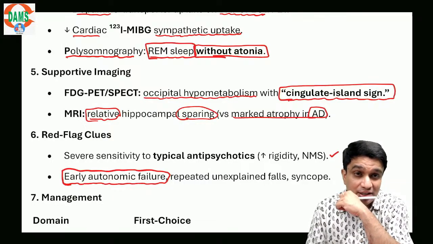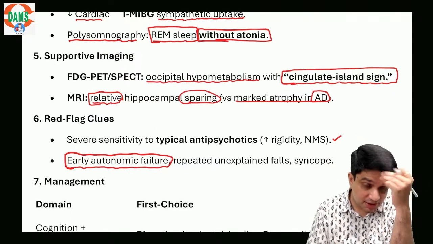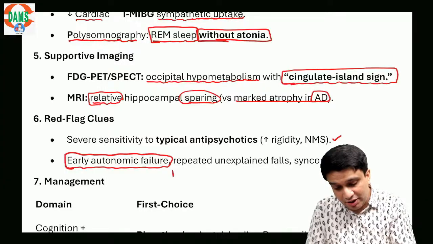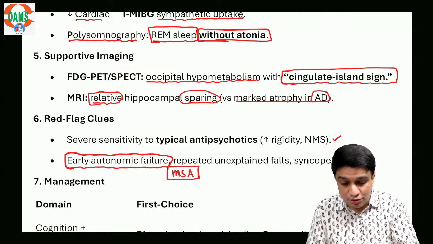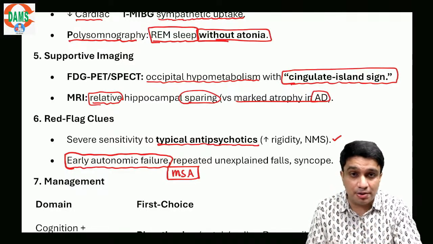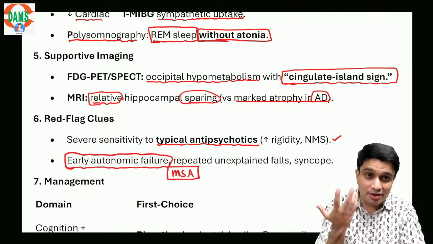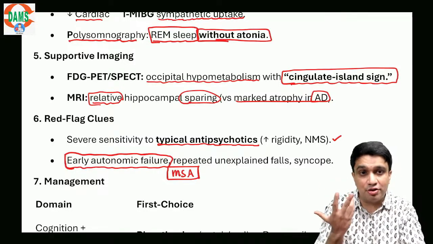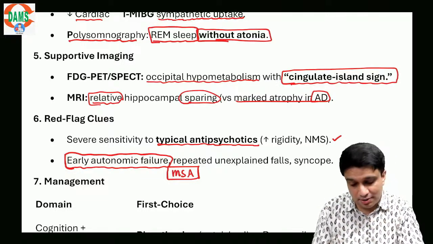It's a red flag in the sense that if they develop it, you reconsider your diagnosis, like MSA. Don't use typical antipsychotics ever in them, because it will worsen the rigidity. If a patient comes with visual hallucination, I may think he's psychotic and give a typical antipsychotic, and that will worsen the whole movement disorder spectrum in the patient.